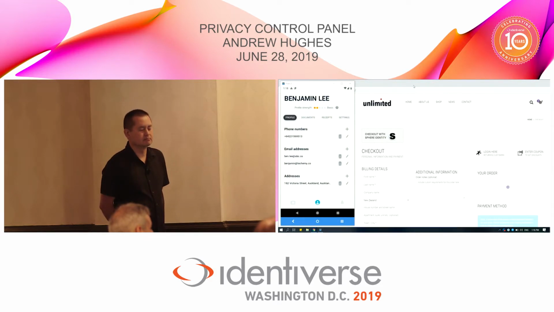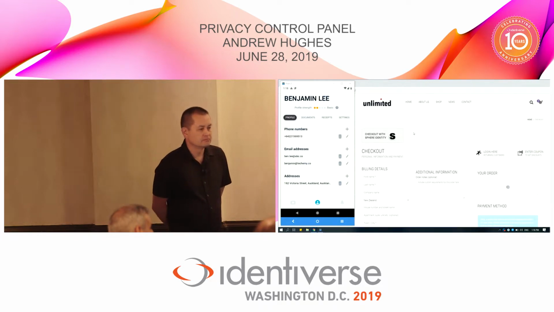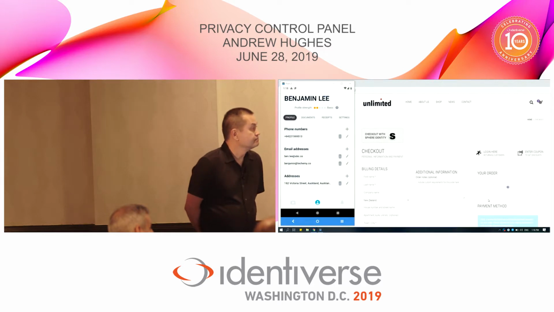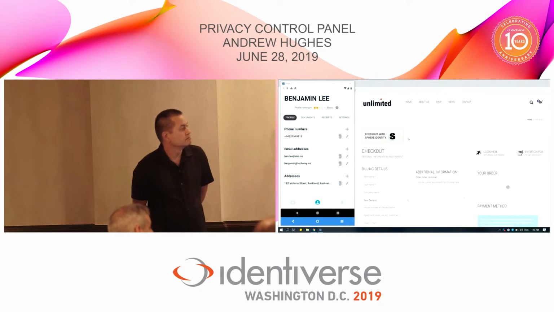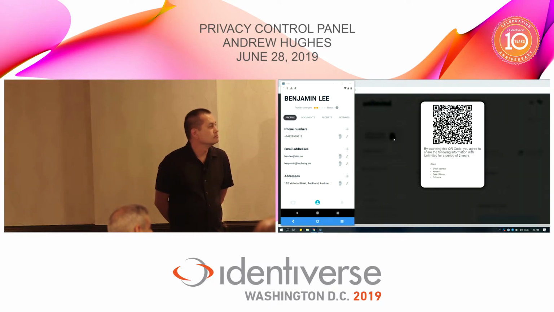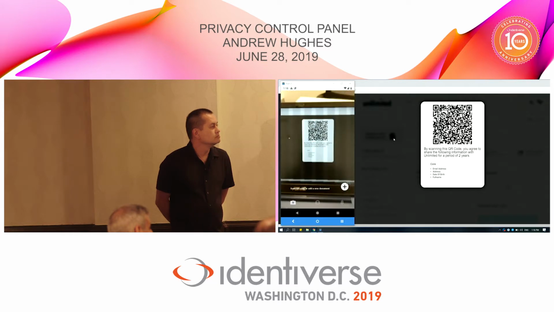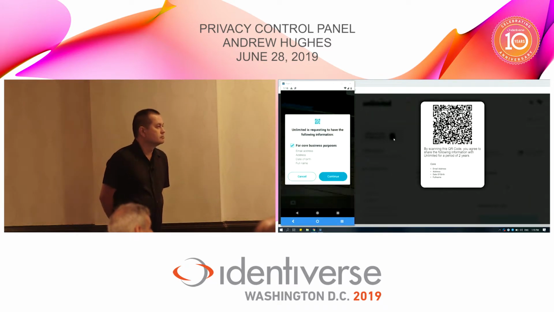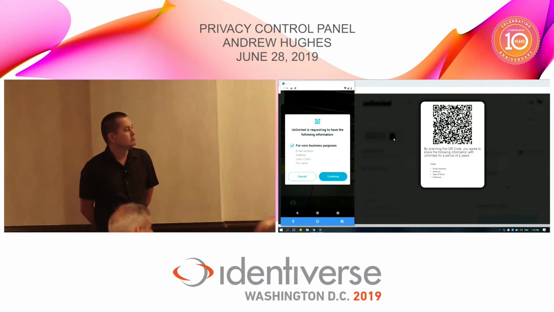Take a look at the e-commerce website on the right side of the screen. Following his usual shopping flow, Benjamin adds an item to the cart, navigates to the checkout, and chooses Sphere Identity to complete his transaction. In this interaction, he must scan the QR code and consent to share the required data. Our consent receipts also provide detailed information on the purpose of data collection.